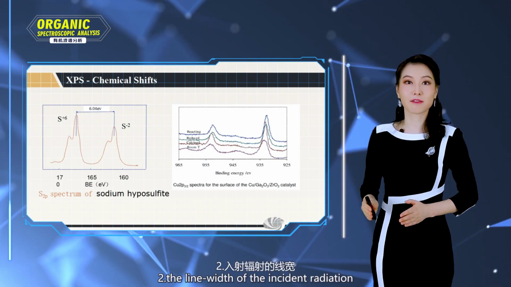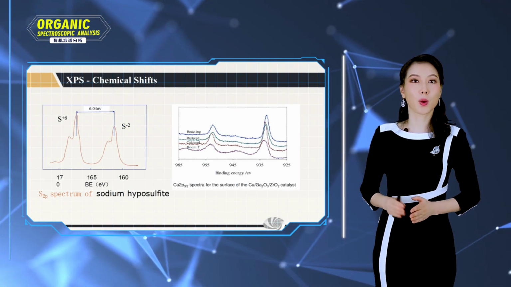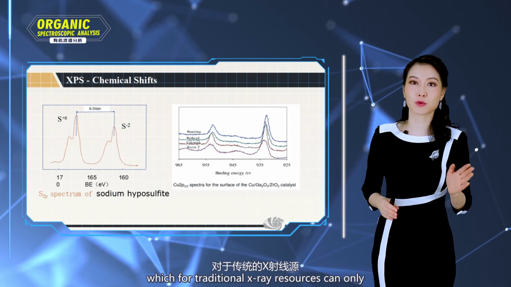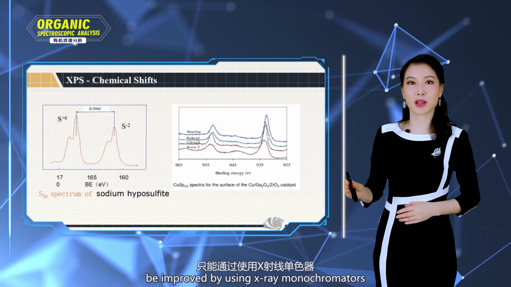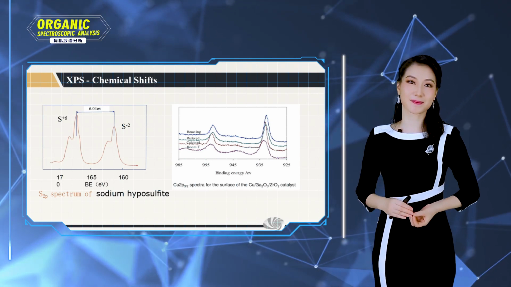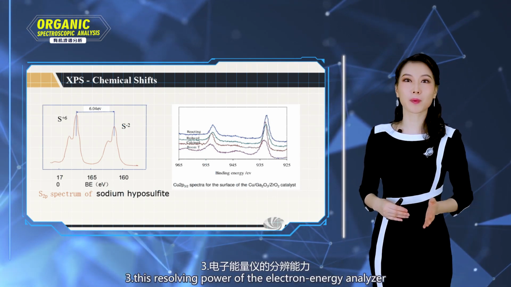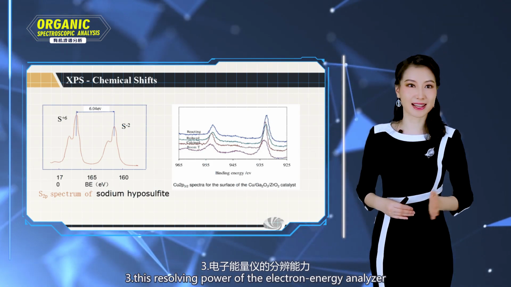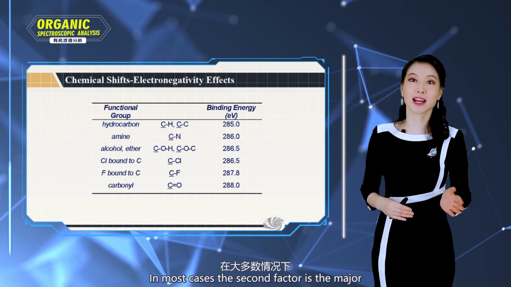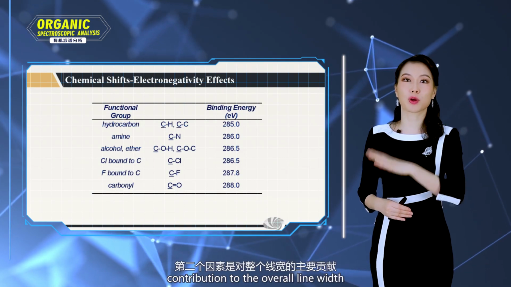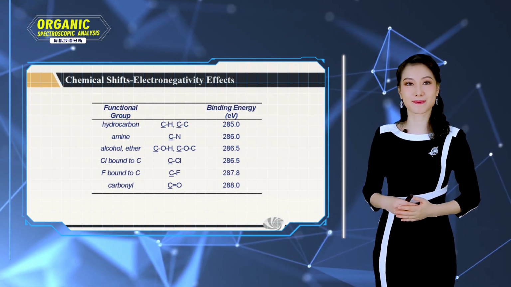The line width of incident radiation, which for traditional X-ray sources can be improved only by using X-ray monochromators. And the resolving power of the electron energy analyzer. In most cases, the second factor is the major contribution to the overall line width.